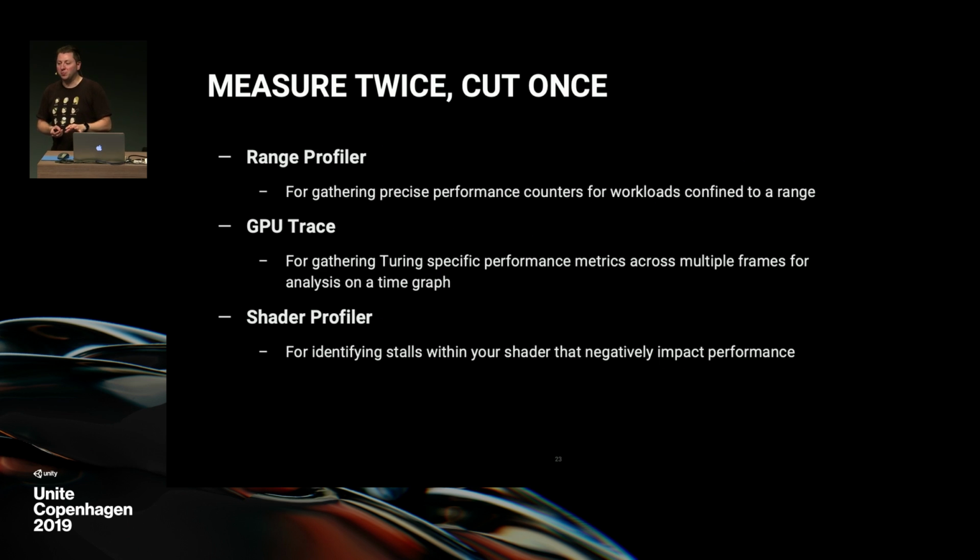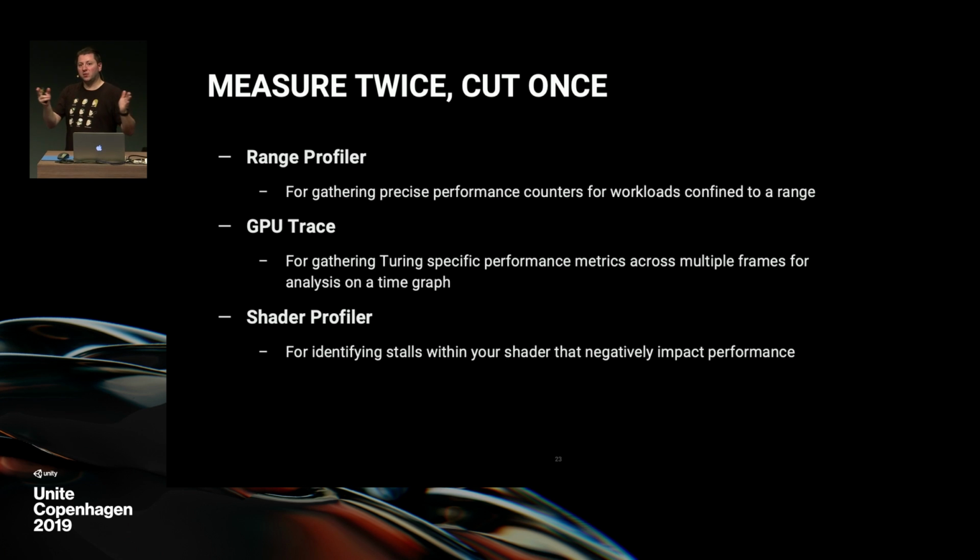There's a bunch of great tools that we use for profiling. Range Profiler is great for gathering precise performance counters for workloads confined to a specific range. And so you might have a draw call. That's good. You can use that as an action range. But what you're more likely to do is say, show me all the metrics associated with rendering my shadow maps.